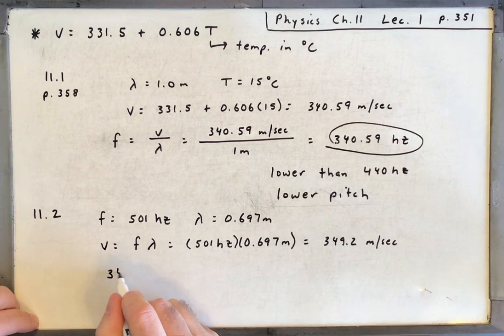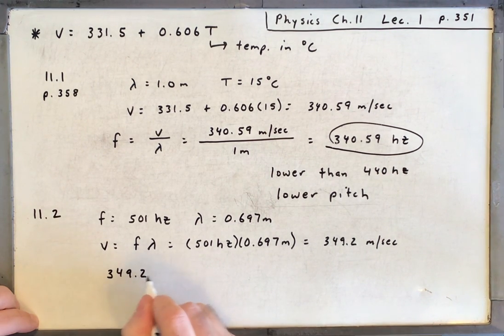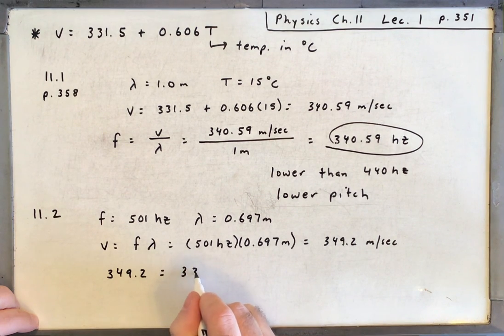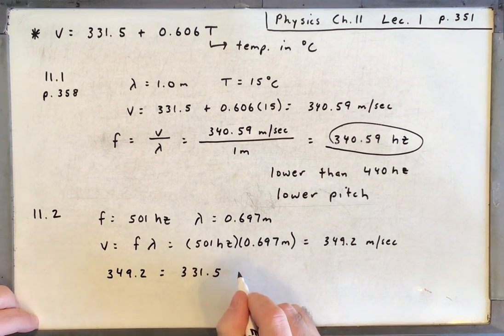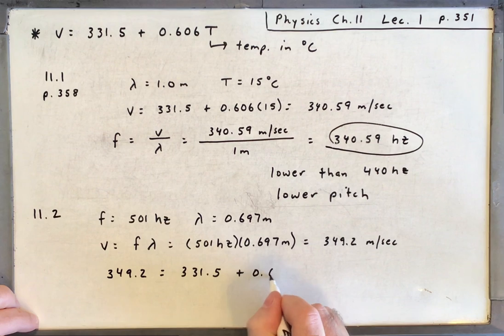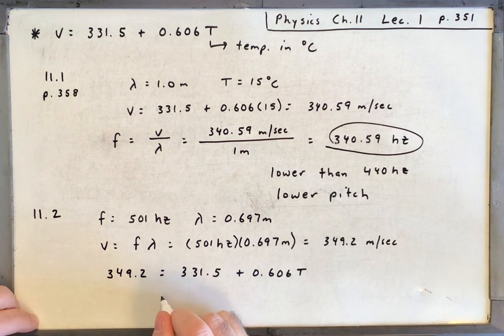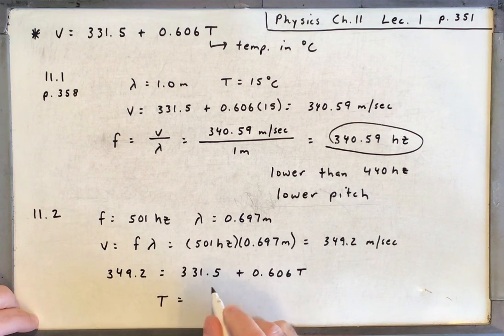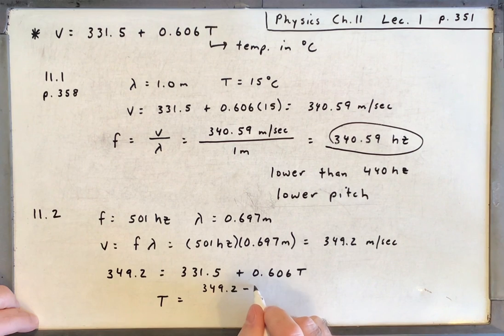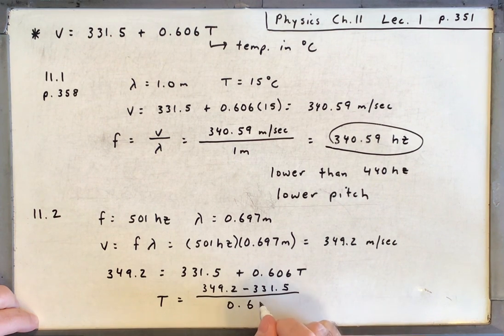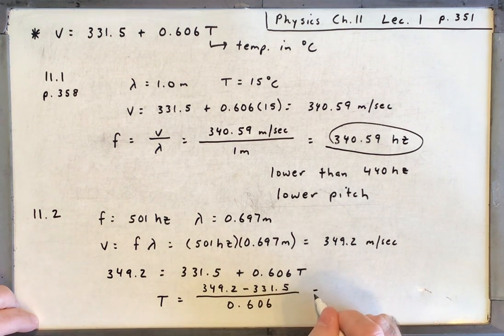So we'd have 349.2 is equal to 331.5 plus 0.606 T. So solving for temperature, that's going to be 349.2 minus 331.5 divided by 0.606.